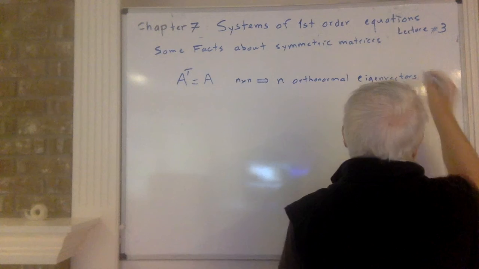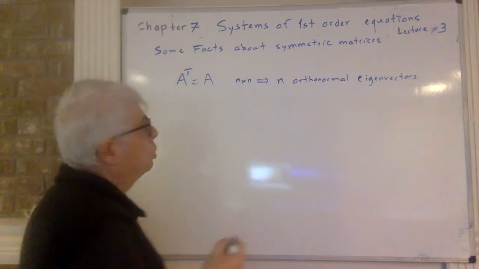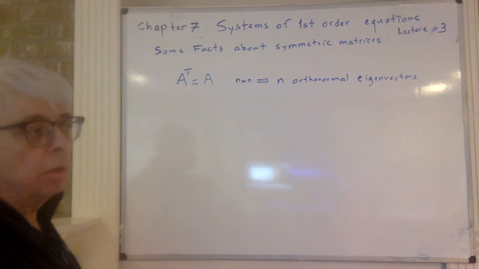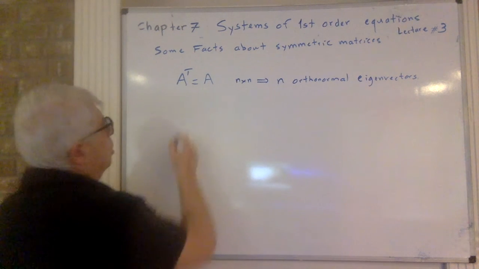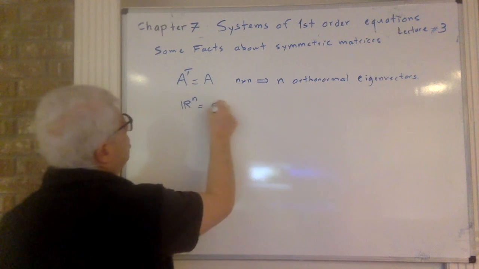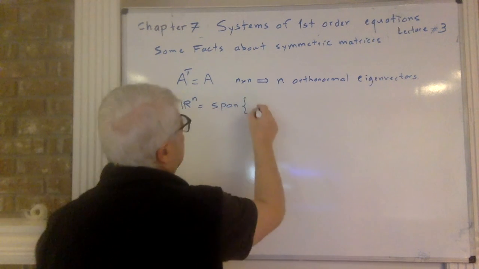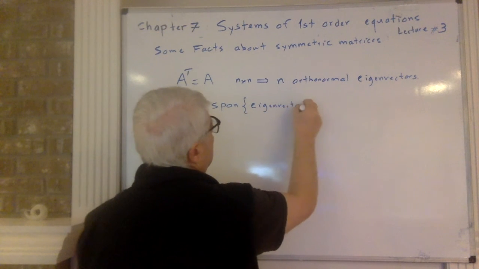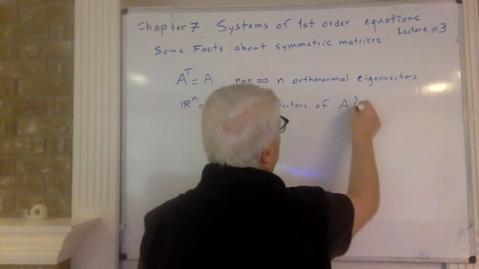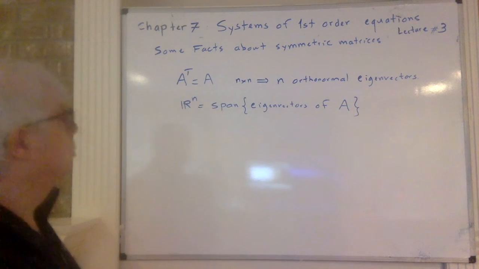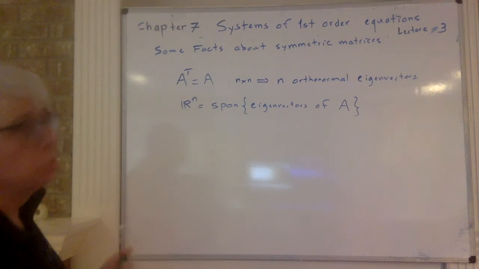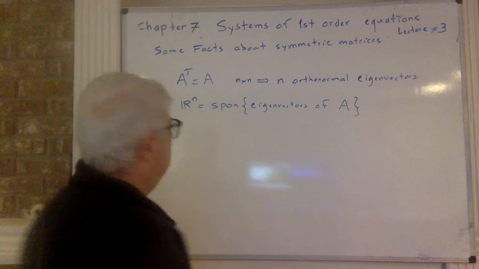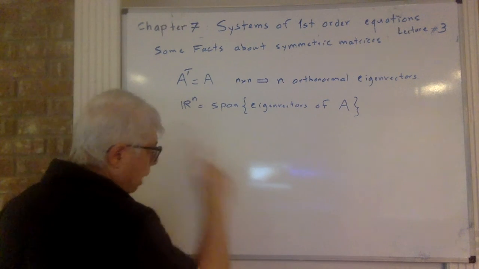When I have n orthonormal eigenvectors, then the eigenvectors of A span Rn. Okay, so Rn will be the span of the eigenvectors of A. That's n and they're orthonormal, so that is a basis for Rn.